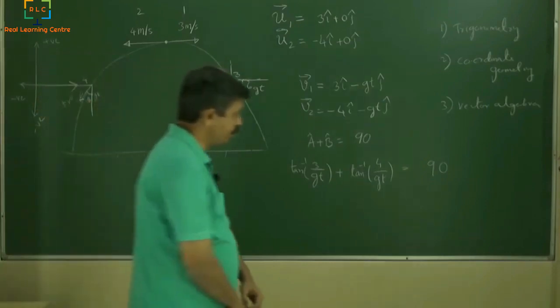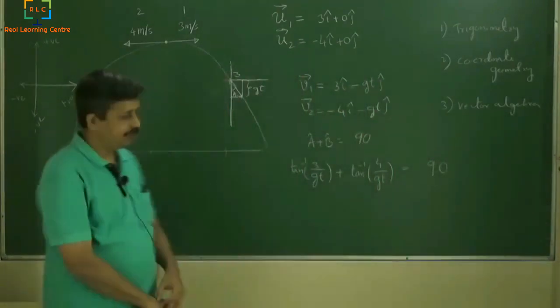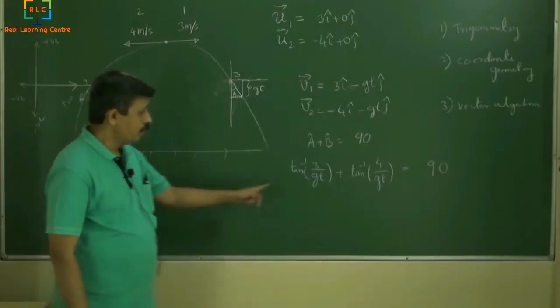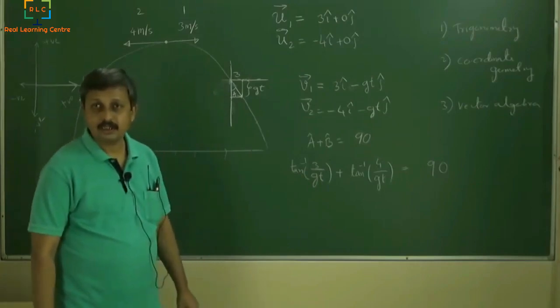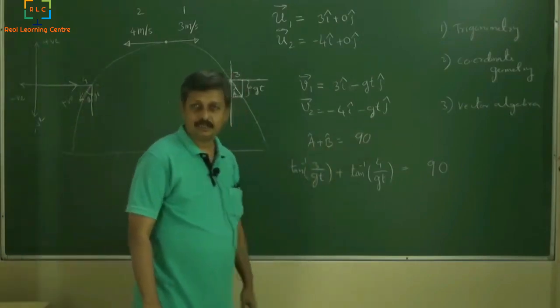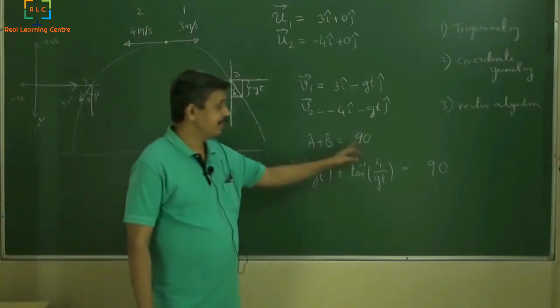I will not use too many formulas. I will use most of common sense and see whether it can be solved. Now A is what? Tan inverse of 3 by gt. First I will do it like this. Keep it as A and B is equal to 90 first. Now I know that cos 90 is equal to 0.